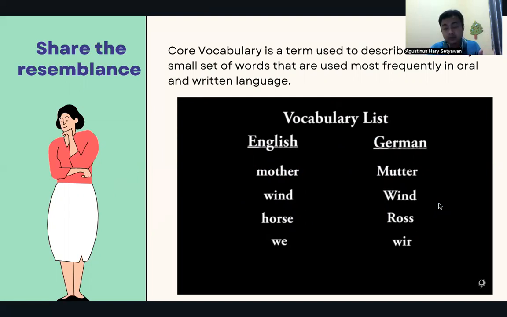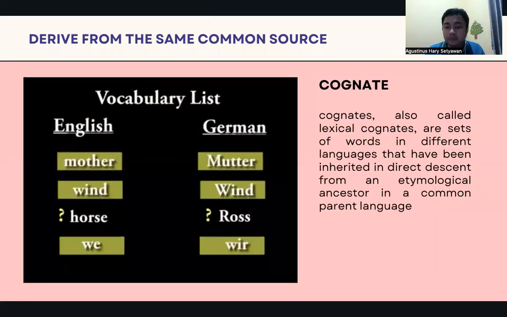We have the scope of limitations: mother, mother, wind, wind, horse, horse. Some sounds unique and some sounds weird. Yeah, there are variations. Nah, derived from the same common source.